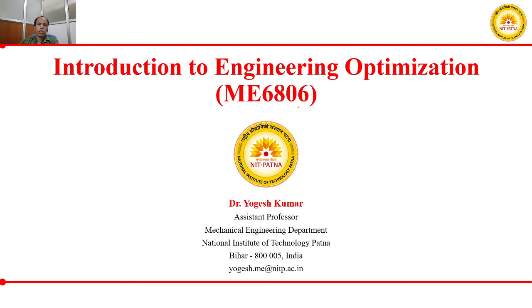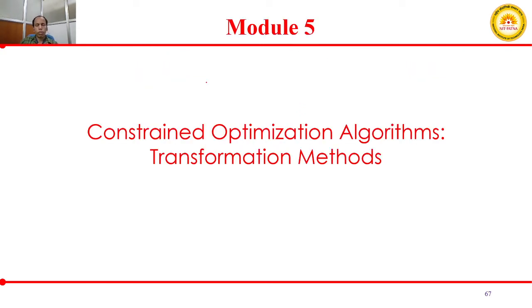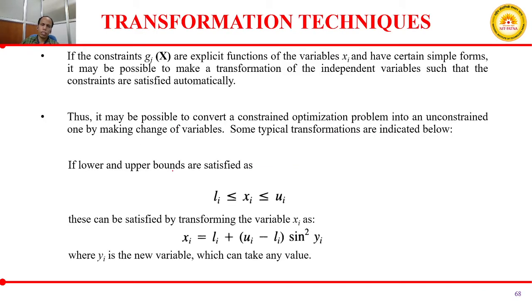Today we are particularly going to talk about constraint optimization problems, that is, the solution of constraint optimization problems using transformation methods. Under transformation methods, first you will see what these transformation techniques are and what our objective is while transforming a constraint problem.